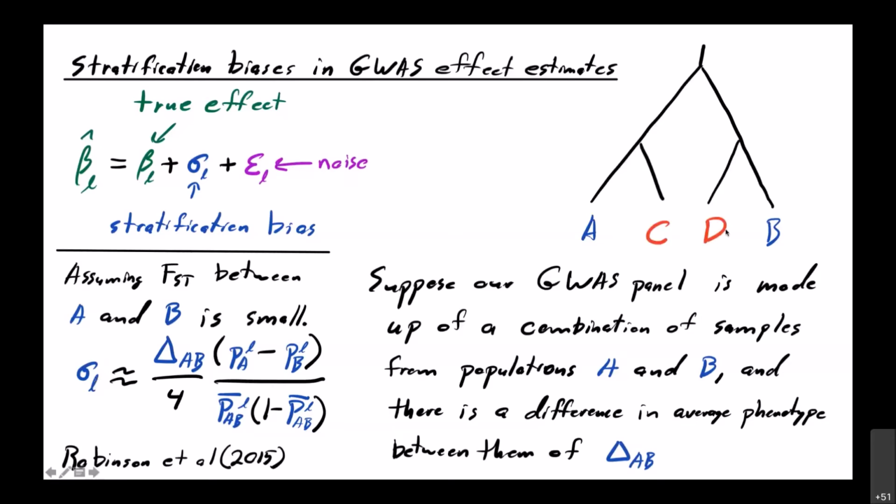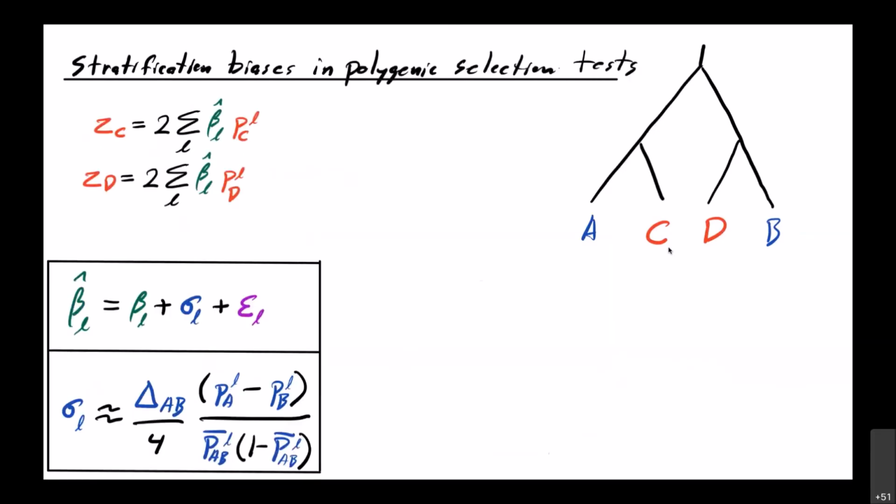So now suppose that we take two additional populations, C and D, and these are going to be our populations in which we do this polygenic adaptation test. We compute polygenic scores in C and D using our estimated effect sizes and our allele frequencies from these two populations, and we add them up to compute our polygenic scores.